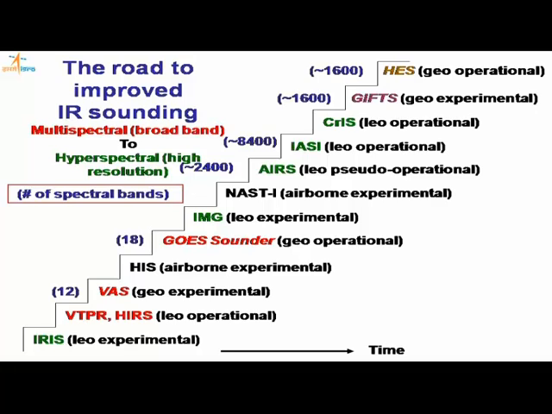This has around 2400 channels. The IASI, Infrared Atmospheric Sounding Interferometer, which is also in low Earth orbit, has about 8400 channels.